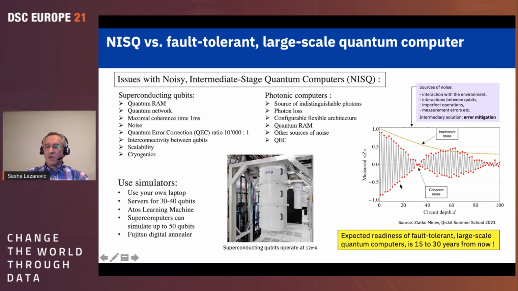So how do we deal with this noise now? It's something called error mitigation. We need to model this noise. We have to create a noise model in order to cancel this noise somehow from the results that we are getting. It's like having a headset with noise cancellation.